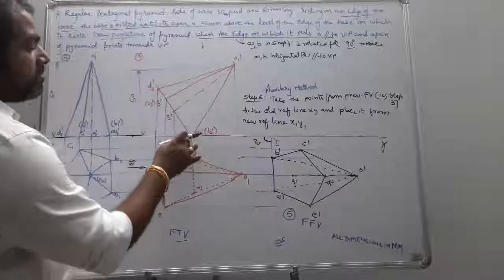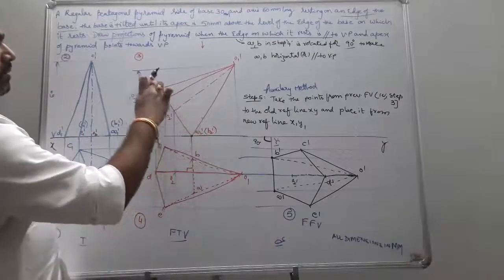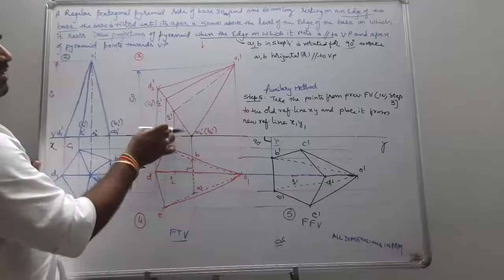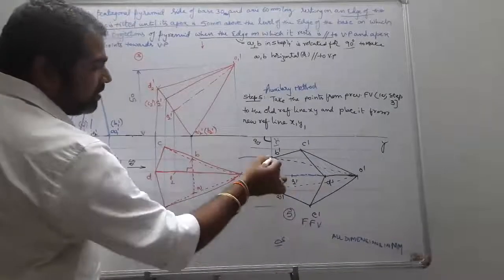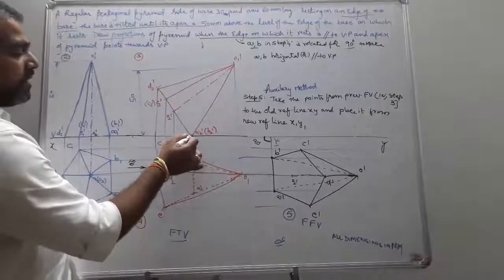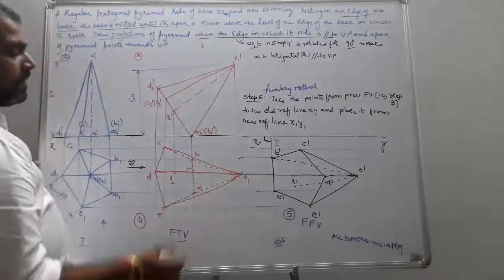That means the previous front view is this thing. So take the distances of all the points from the previous reference line, that is XY. XY to these points, distances are taken, and on the same projector take that point and place the distances. A, B are on XY, so I just place my A, B on X1, Y1.